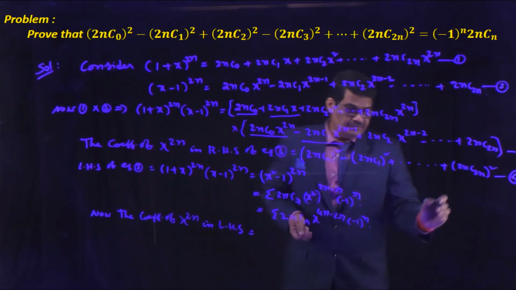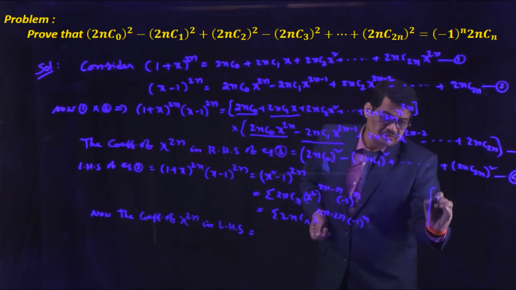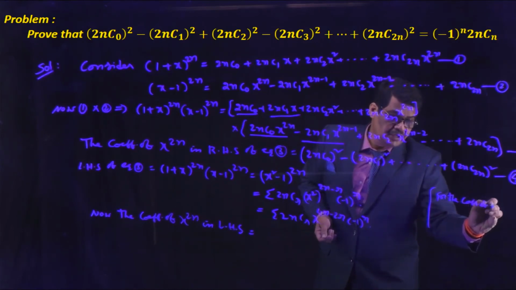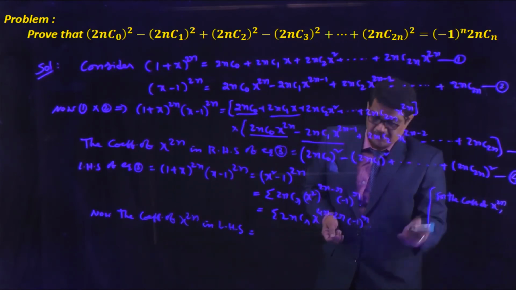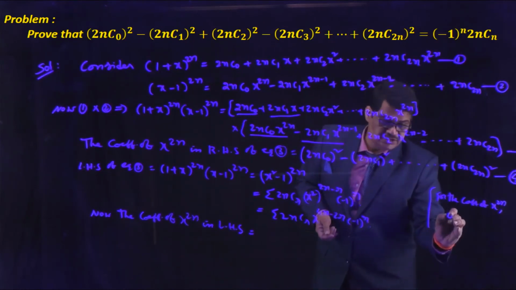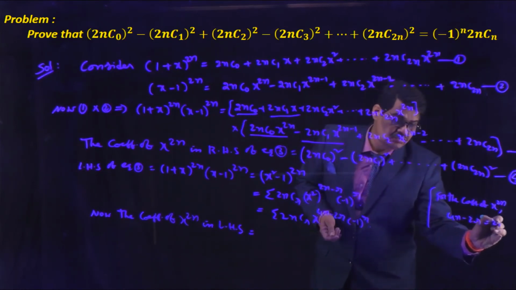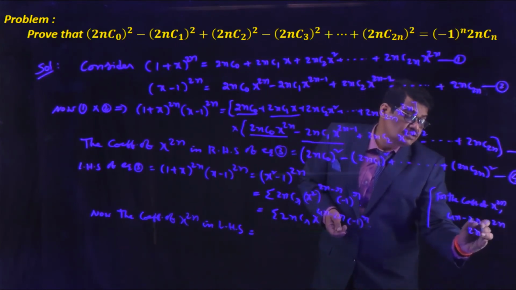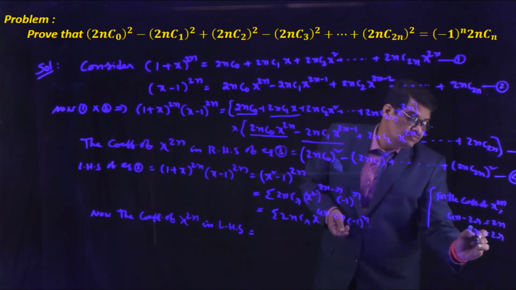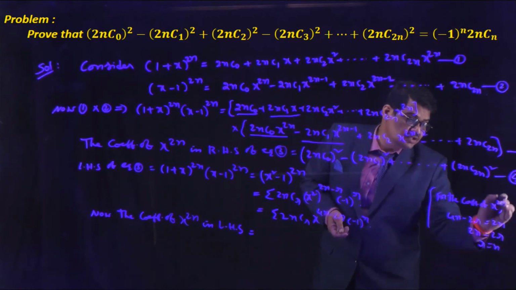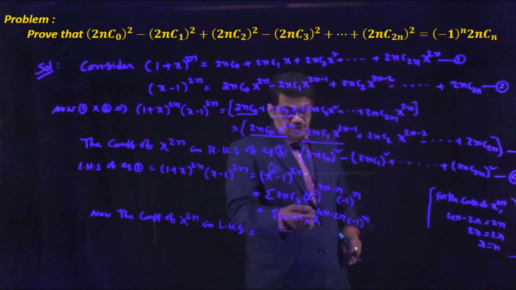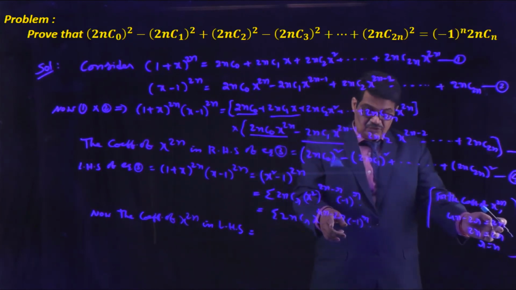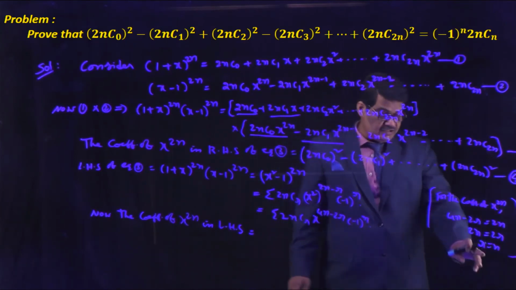So we equate 4n minus 2r is equal to 2n. From that we get 4n minus 2n, that is 2n is equal to 2r, so r is equal to n. For the coefficient of x to the power of 2n, we equate 4n minus 2r equal to 2n, and from that we get r is equal to n.